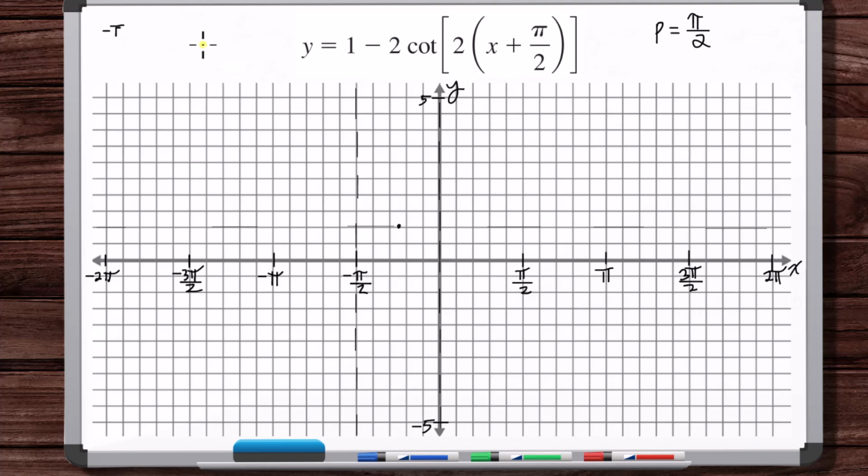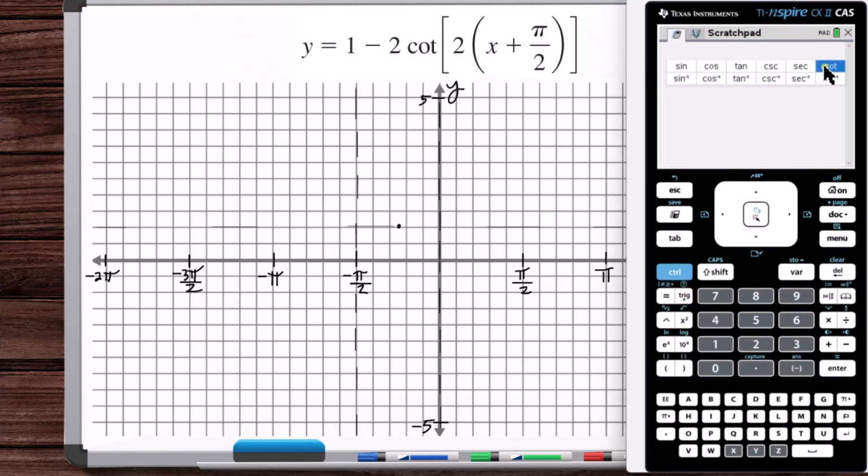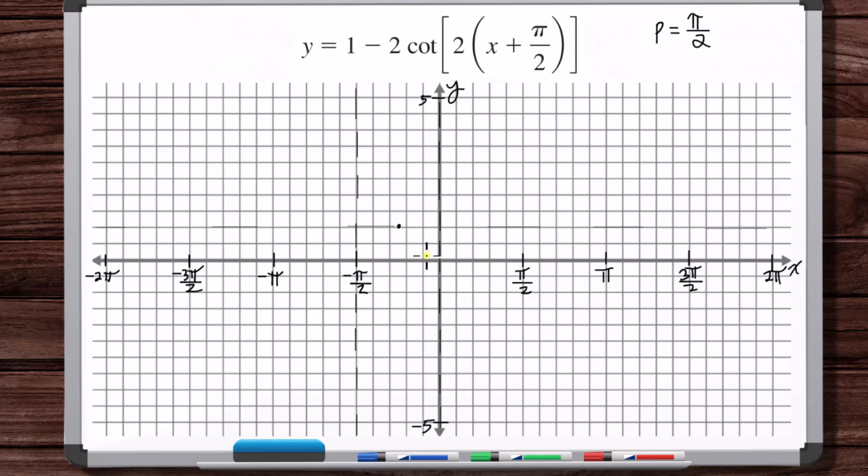2 times 3 pi over 8 is 3 pi over 4. So cotangent of 3 pi over 4 is minus 1 times 2. 1 minus this is 3. So at the quarter point, which would be what? Like 1 1/4, we're going 3. So 1, 2, 3.